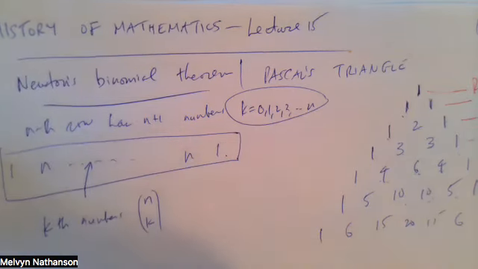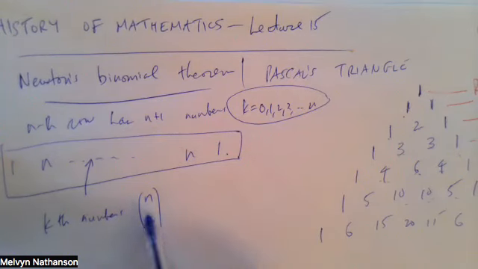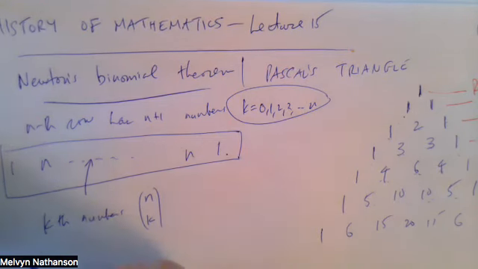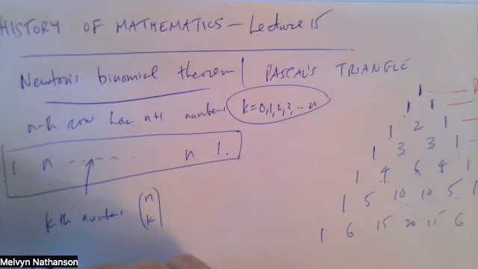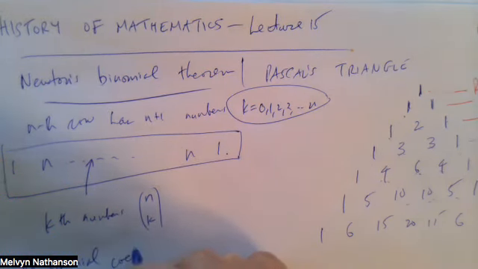It's not a fraction, just n over k with parentheses. I feel like it's like a 2-by-1 matrix, but just n over k. And this number is called the kth binomial coefficient.